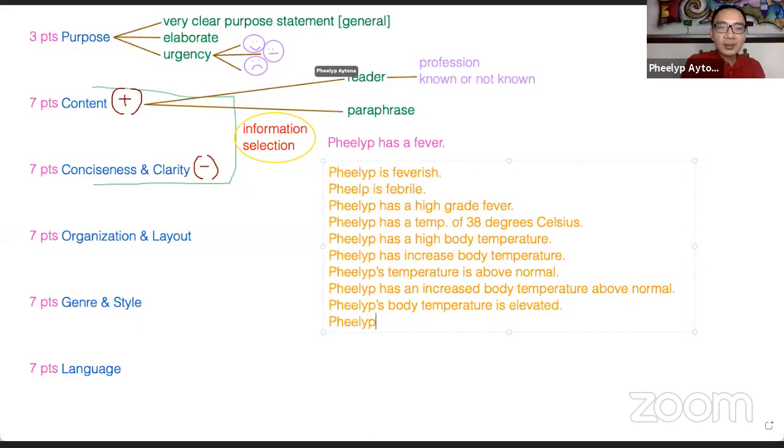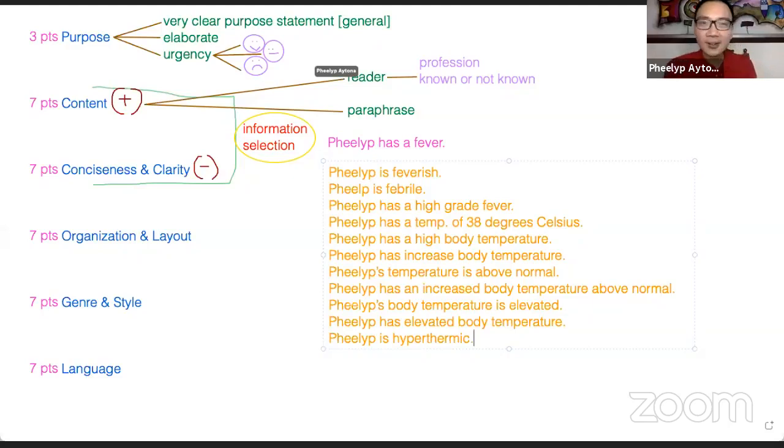Ellie says Philip has elevated body temperature. We shall discuss that later, Bella Aurora Lupisa. Diane says Philip is hyperthermic.